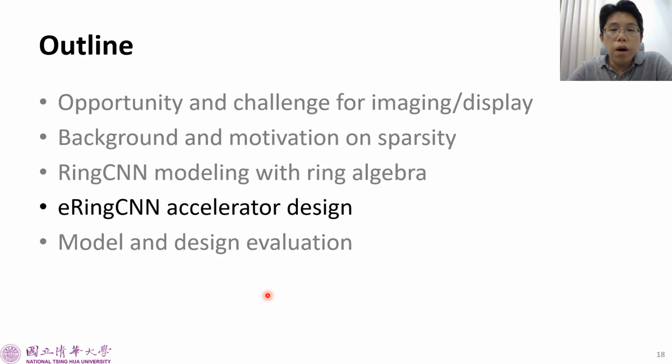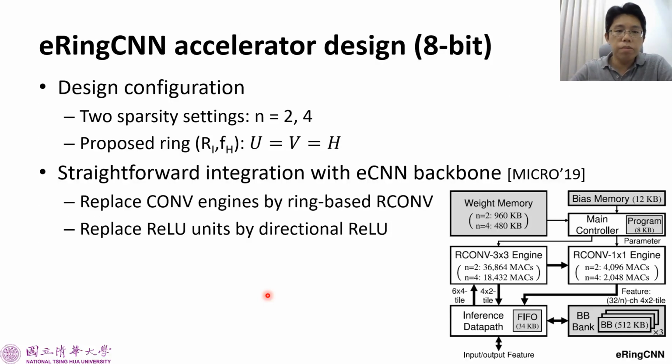Now, I will talk about how we implement our idea of CNN modeling into accelerator architecture. We consider two sparsity settings, n is 2 and 4, and set the U V matrix to Hadamard transform.